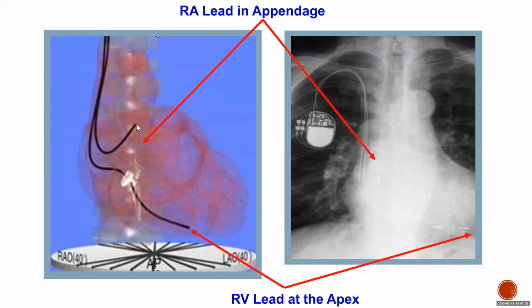The right atrial lead goes to the right atrial appendage, and then we fix it in the appendage. That's why it has this U shape. You see it here, and you see it on X-ray. Typically, the RV lead goes to the RV apex. See it here. This is the most common location.